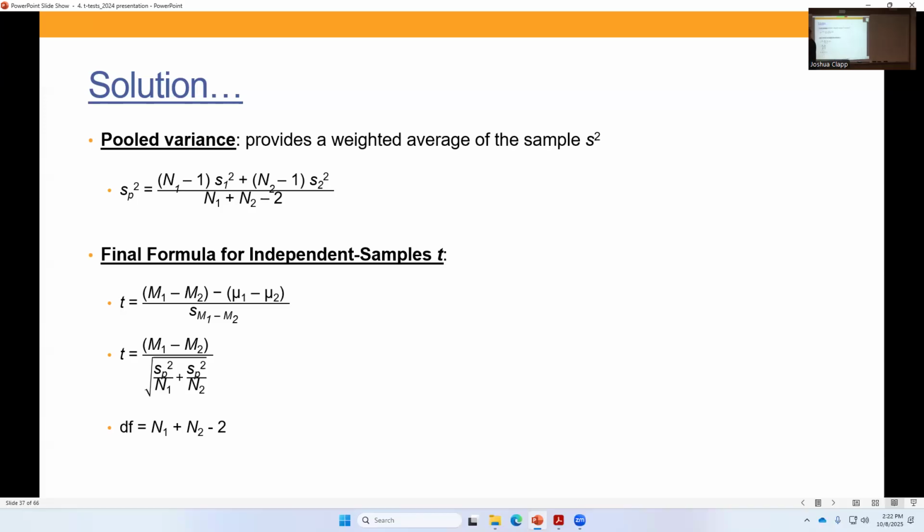And so here what we're doing is we're taking sample size from sample 1 minus 1 multiplied by the variance, plus sample size 2 minus 1 multiplied by the variance, over sample size 1 plus sample size 2 minus 2, okay? Look me in the eyes. When you're doing this, make sure that you're using variance and not standard deviations.